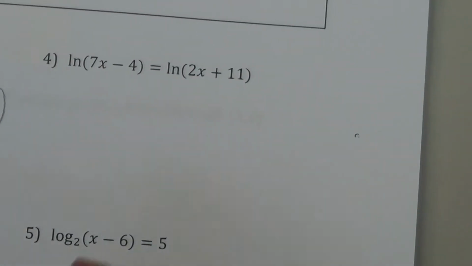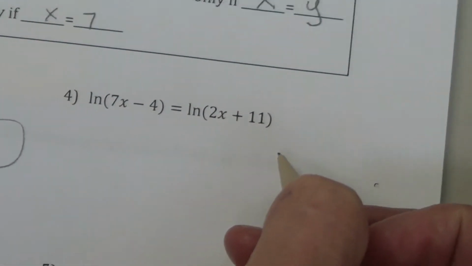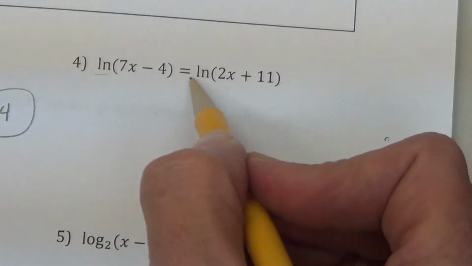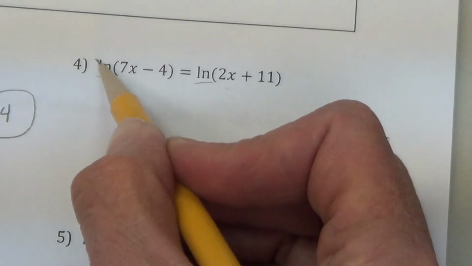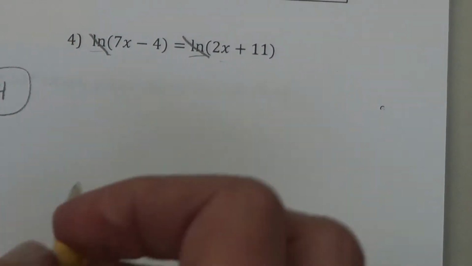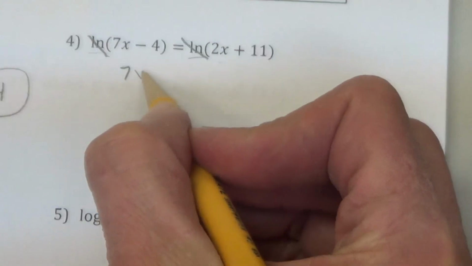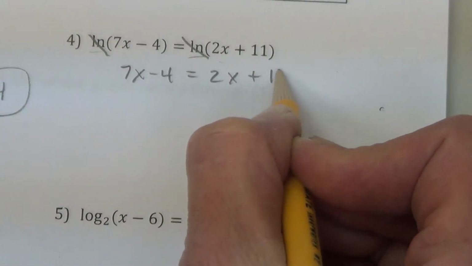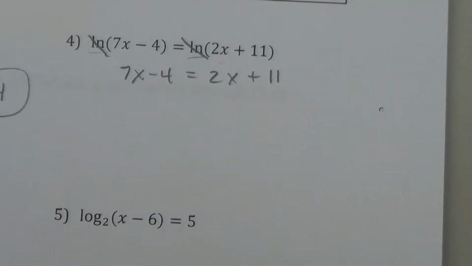The next one, if we have an ln on this side and an ln on that side, basically we're dividing by ln is a way that you could look at it. We just cancel them out side to side. Now we have 7x minus 4 equals 2x plus 11. And go ahead and just do the algebra to get your x's alone and solve.